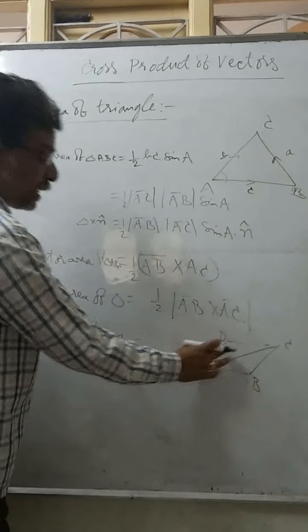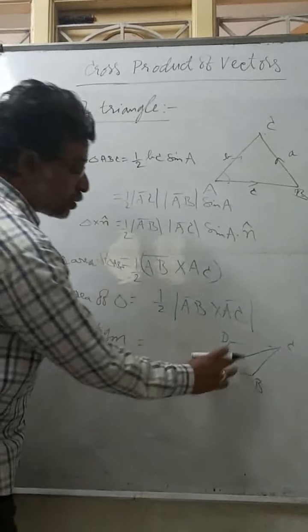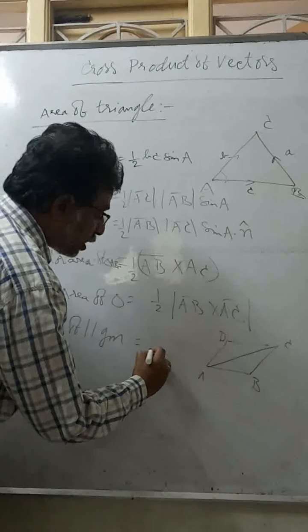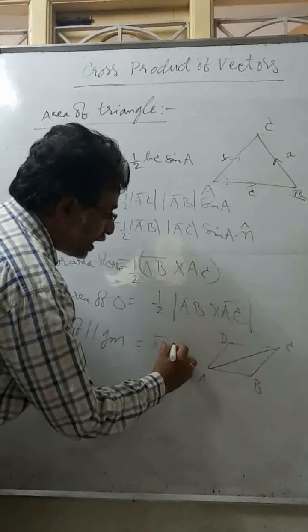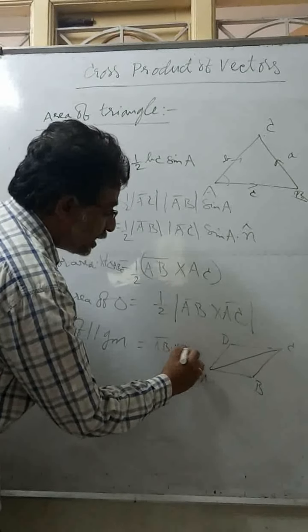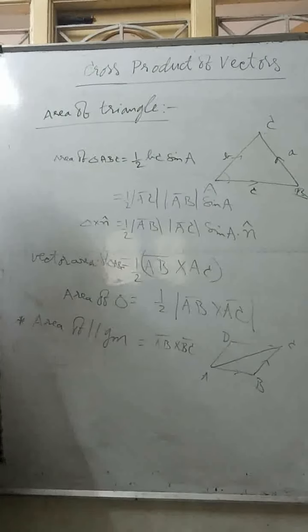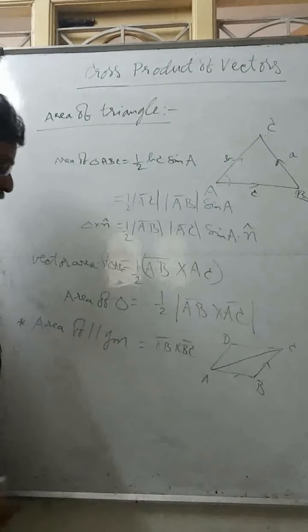These two are equal in a parallelogram, so 2 times this gives me the area of the parallelogram. So area of parallelogram equals AB cross BC, if AB, BC are adjacent sides here.